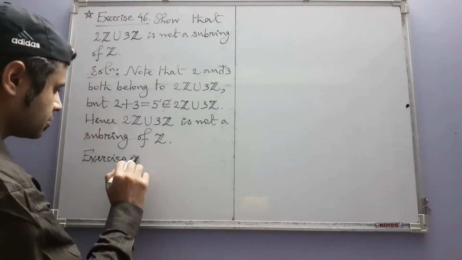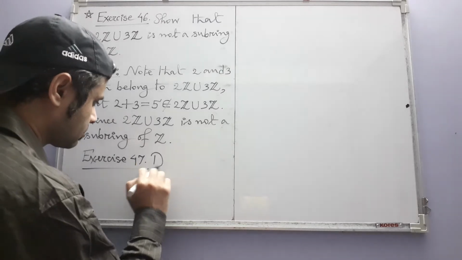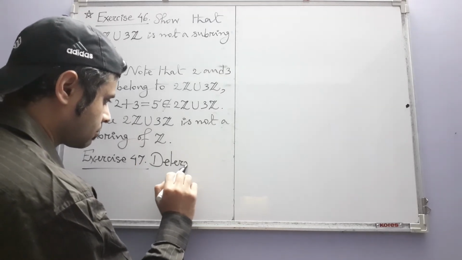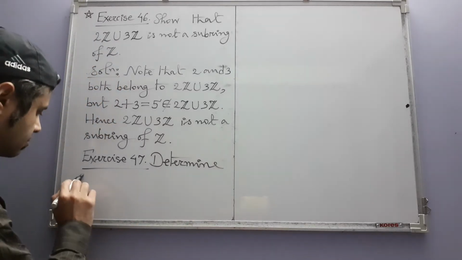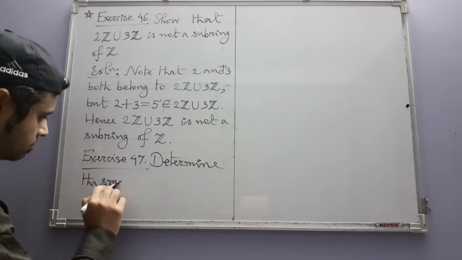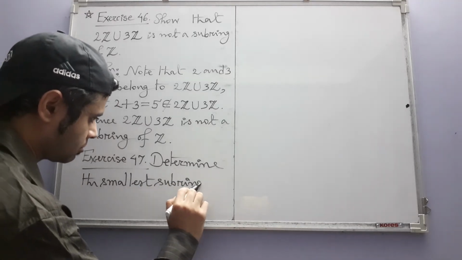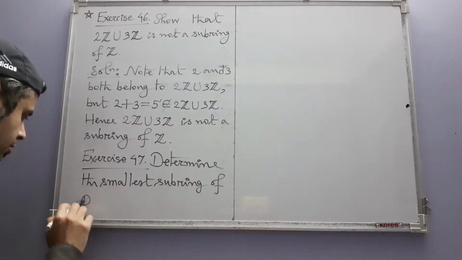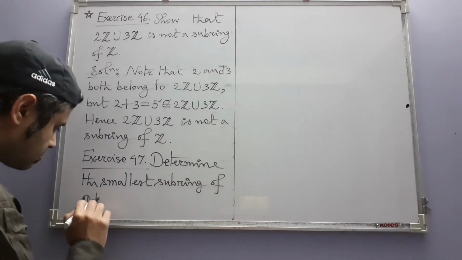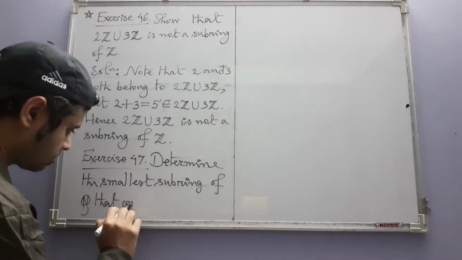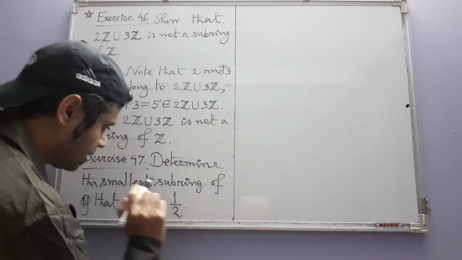Next, exercise 47. Determine the smallest subring of the ring of rational numbers Q that contains this rational number 1 over 2.